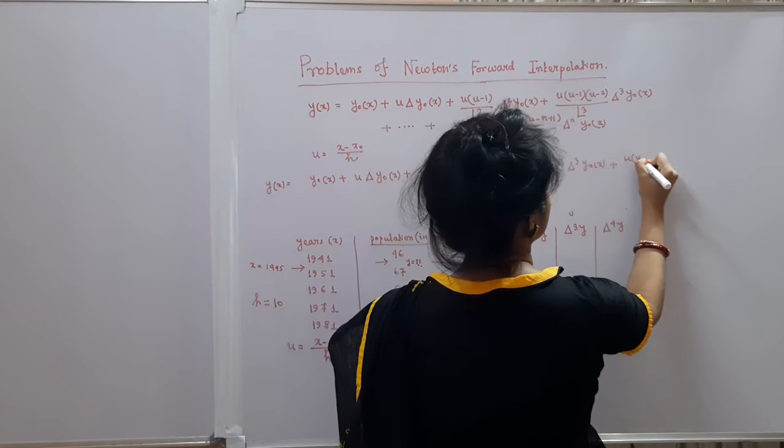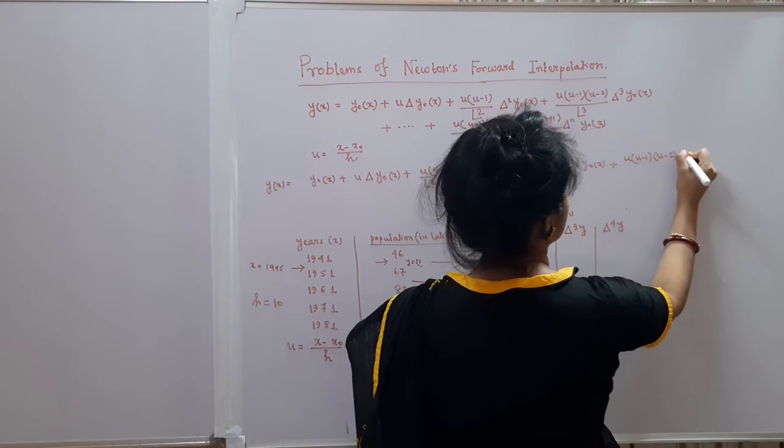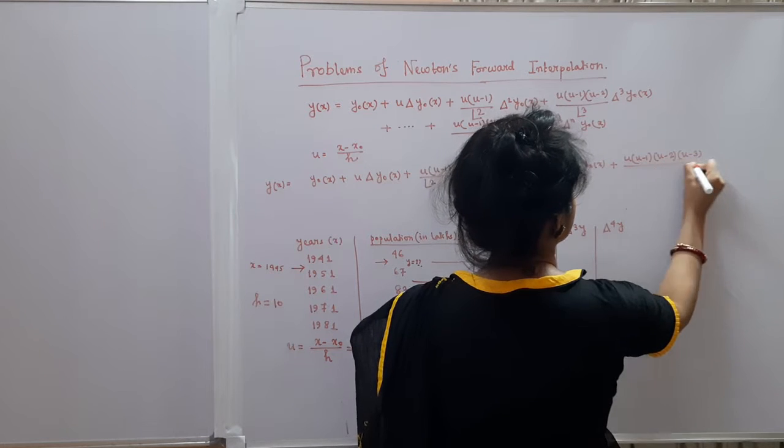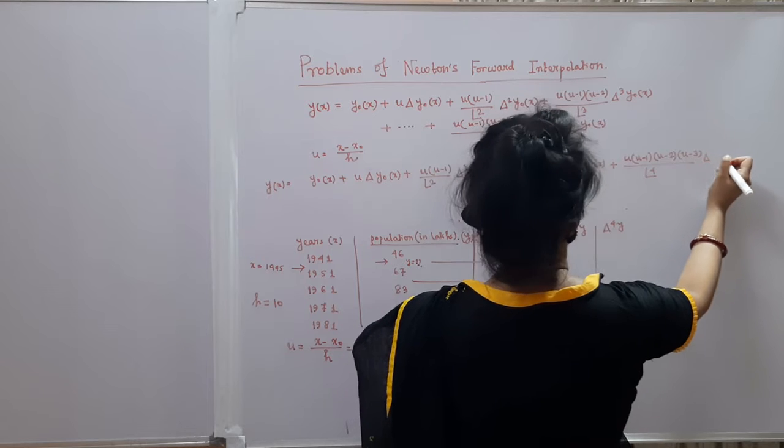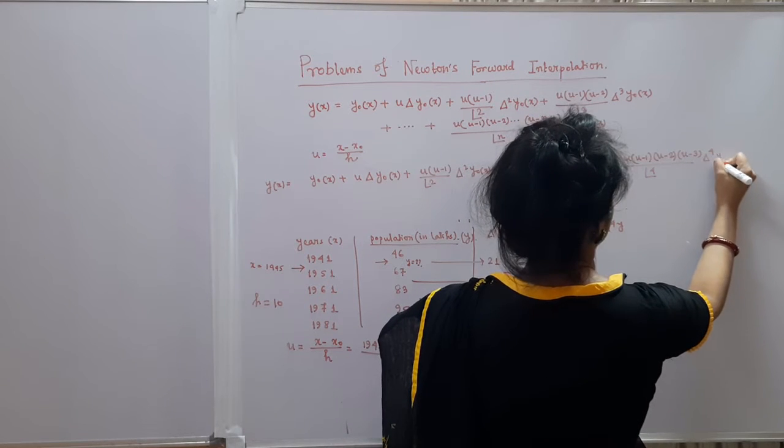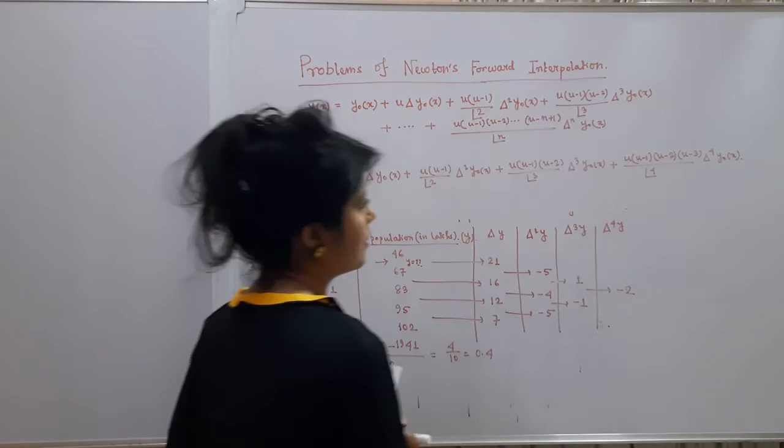So u into u minus 1 into u minus 2 into u minus 3 by factorial 4 delta 4 y0. Okay.